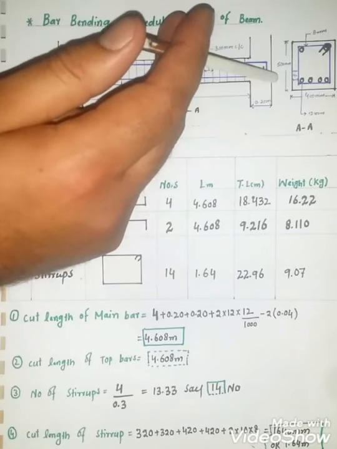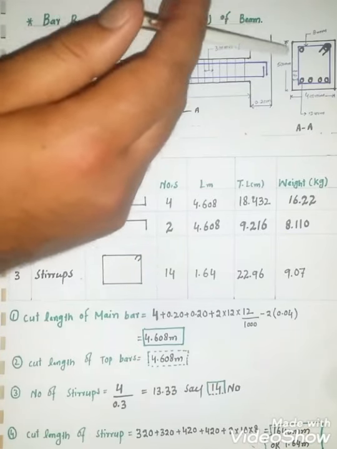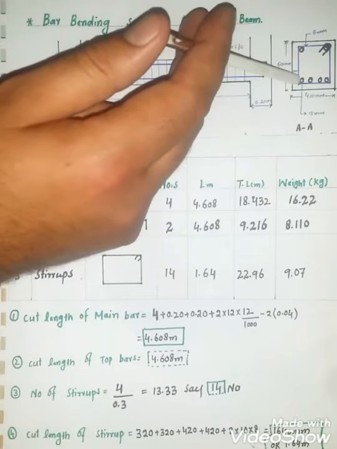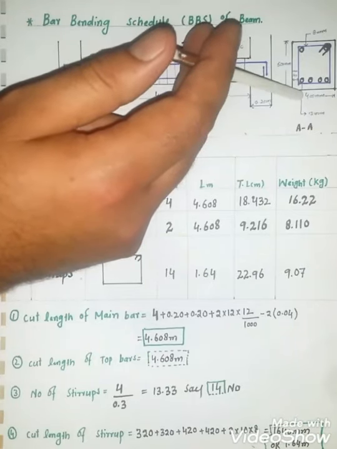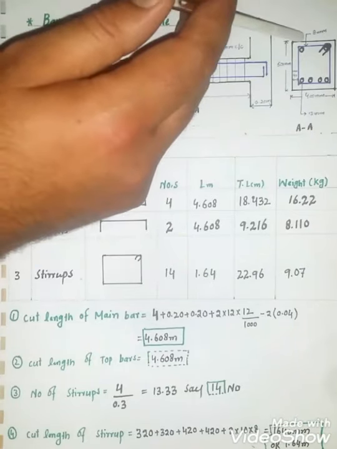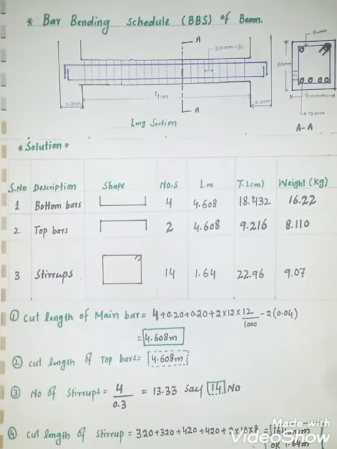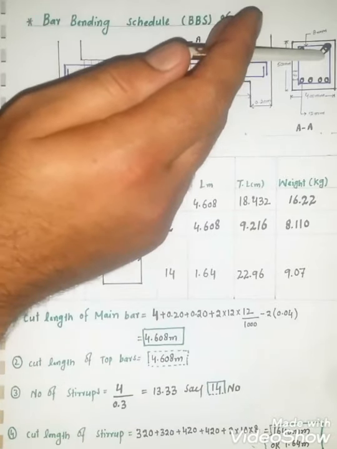The depth of the beam is 500 millimeter. I am subtracting 40 millimeter from this side clear cover and 40 millimeter from this side, plus 2 because the number of hooks is 2.